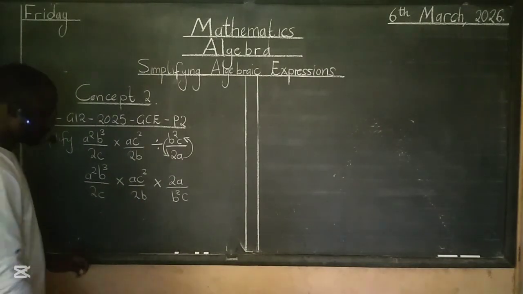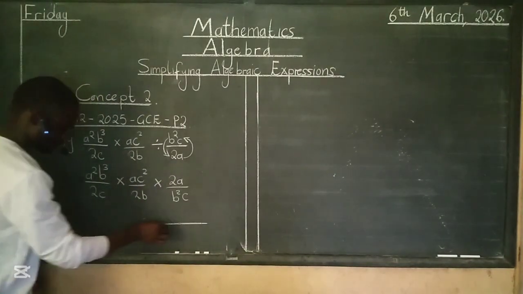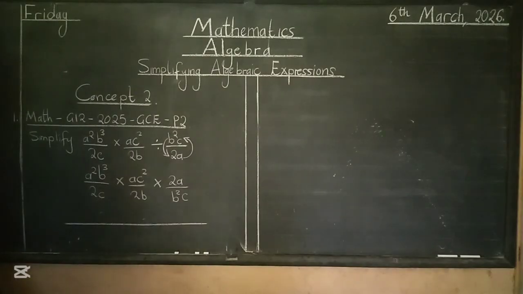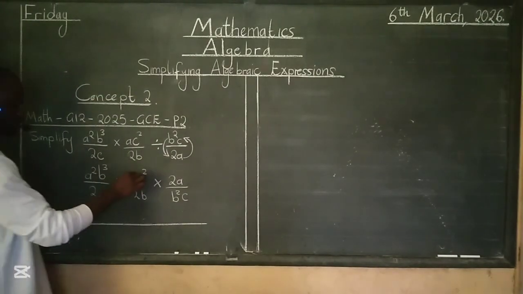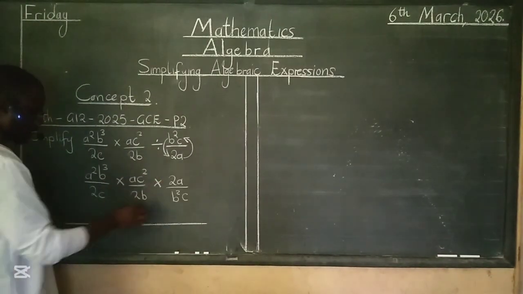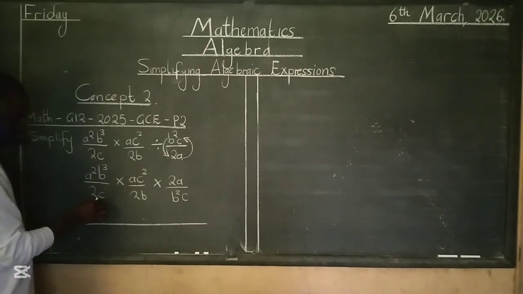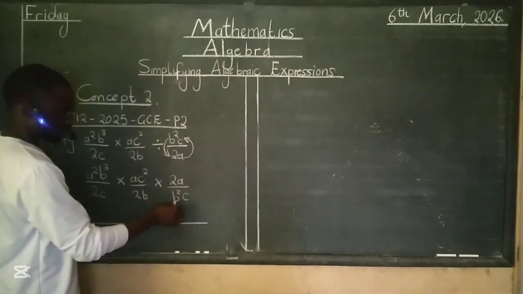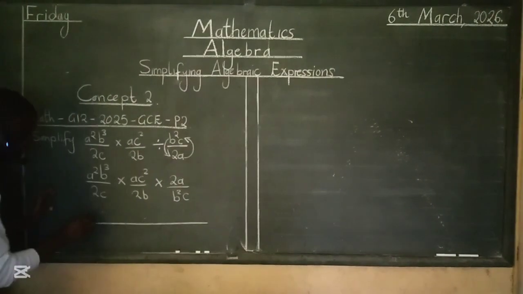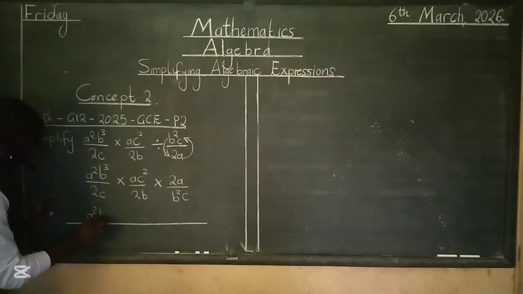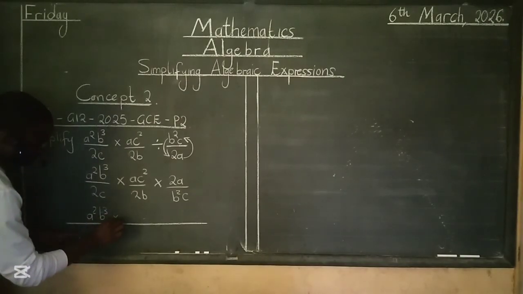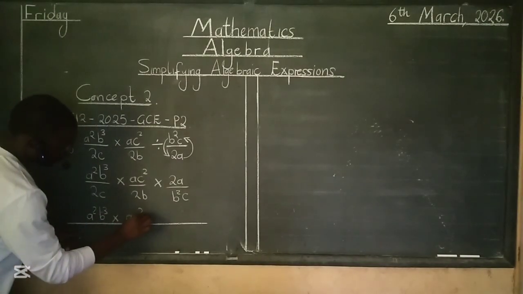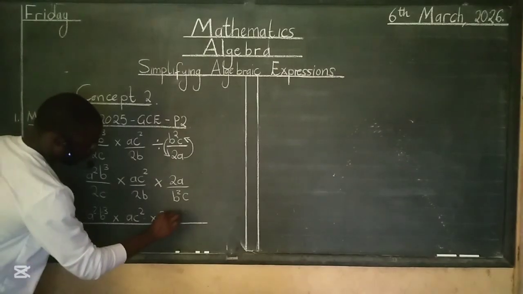After we have done this, then we can go ahead and multiply everything. So it will be this part times this part times this part. Then the bottom part, 2c times 2b times b squared c. So this will be a squared b to the power 3 times ac squared times 2a.